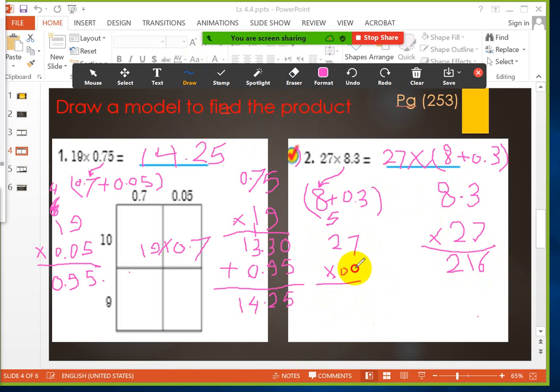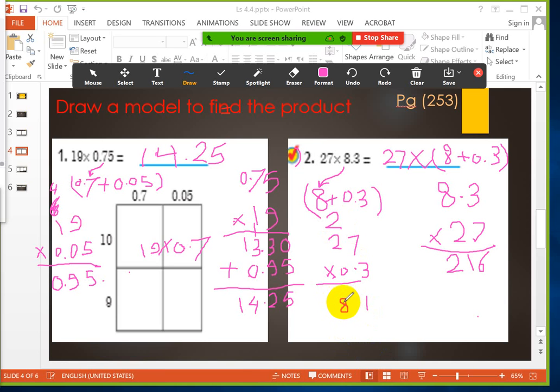Now I want to multiply the same number 27 with 0.3. I have to multiply 3 with 27 like there is no decimal point. So 3 multiply 7 equals 21. I have to put 1 here and 2 above the tens. 3 multiply 2 equals 6 plus 2 equals 8.